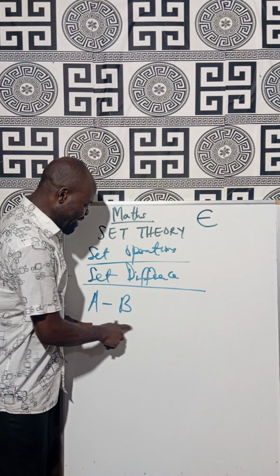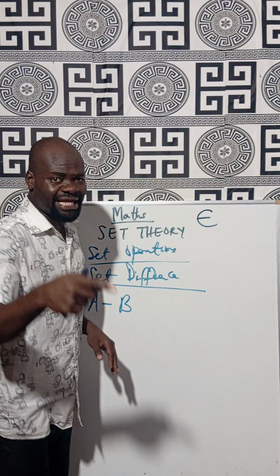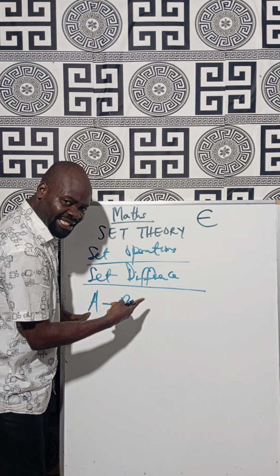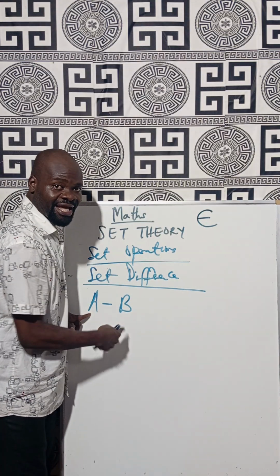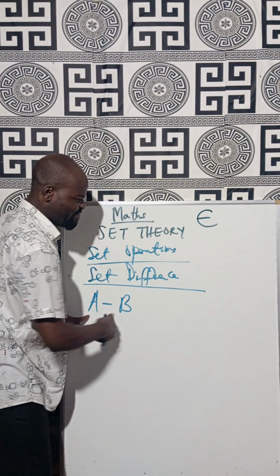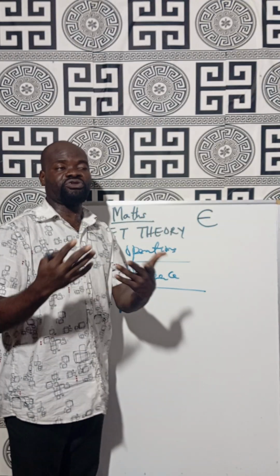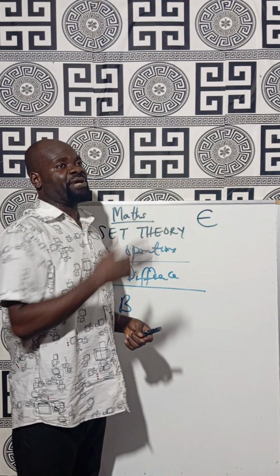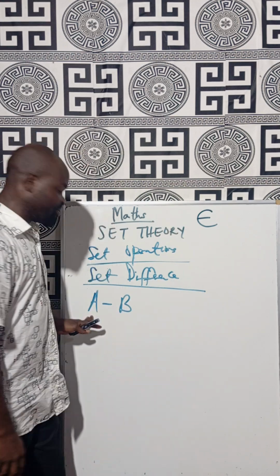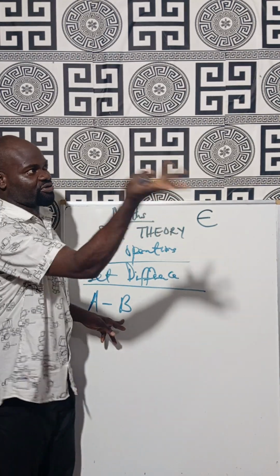It means A minus B is a set, you can put it down, containing the elements present in A but not present in B. The elements that you can see in A, this minus means not, you take away B, not in B. So if you are given two sets, A and B, they both have their own elements in curly brackets, and you are asked to find A minus B, it means the set of elements that you can see in A but cannot be seen in B. Just check those two sets.